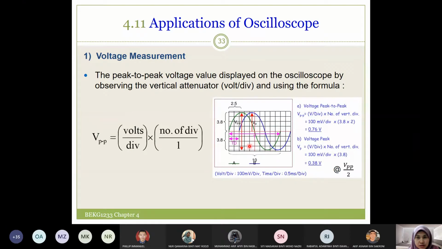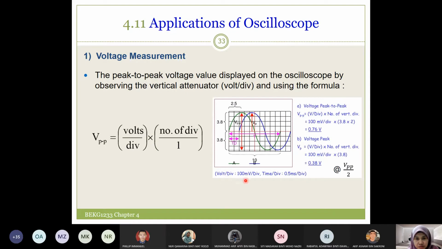Okay, so let's say we have 2 signals, the green and the blue one. Okay, so how to calculate the amplitude of the signal? Voltage per division multiplied by number of divisions.